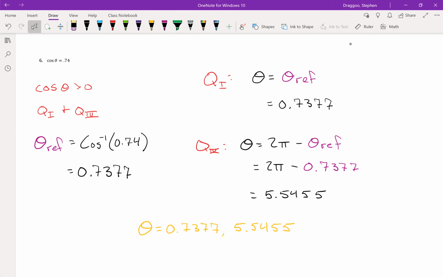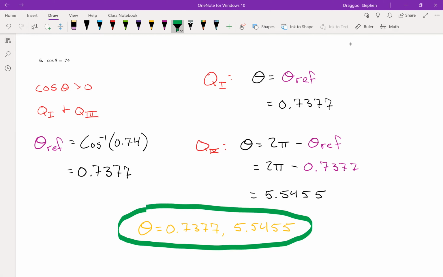So 2 pi minus 0.7377, and that comes out to 5.5455. Meaning that my solutions to that equation are those two angles, one in the first quadrant and one in the fourth quadrant.